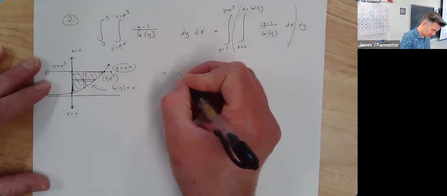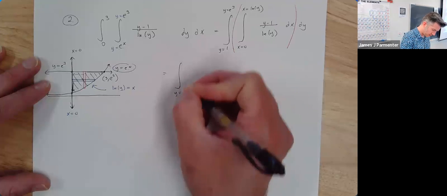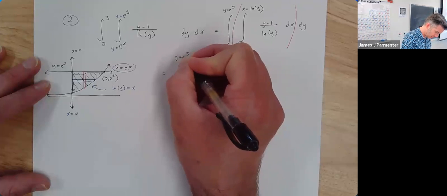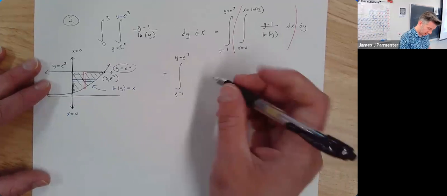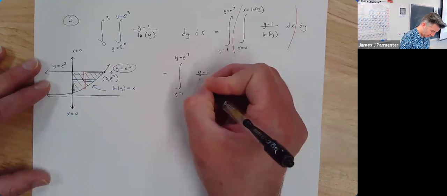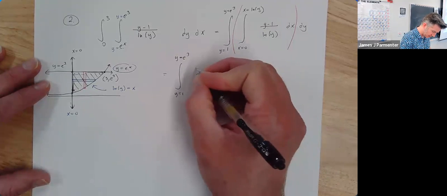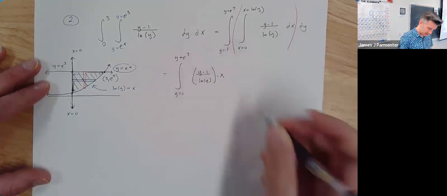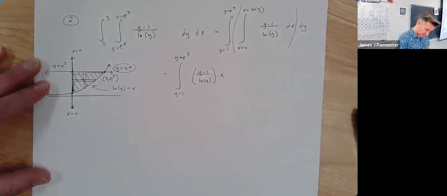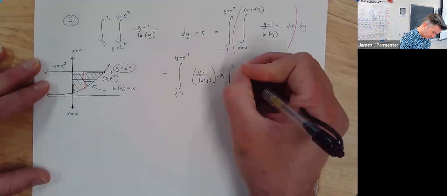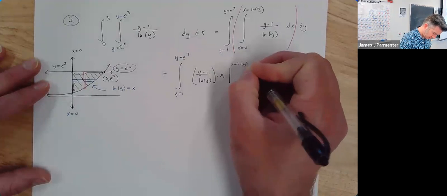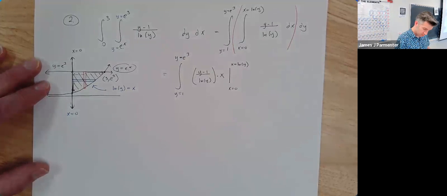So doing this, we still get y equals 1 to y equals e cubed. And then our inner integral, you're going to get y minus 1 over the natural log of y, that's your constant, times x. And x is going to go from x equals 0 to x equals natural log of y, which looks like it's going to work out pretty well.